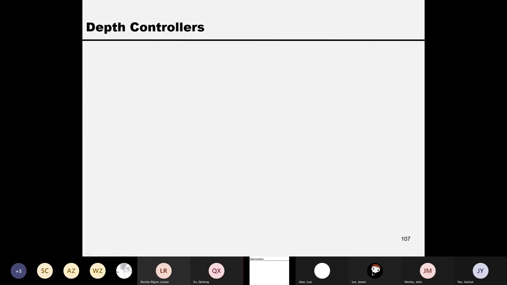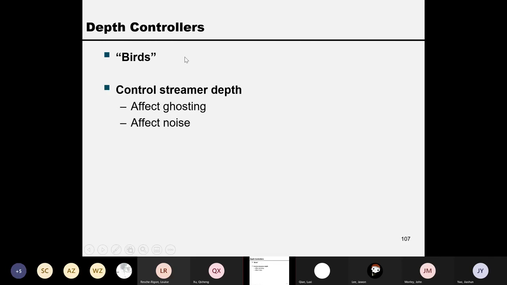Apart from these two, source and receiver, another important thing is, because we need to put the receiver below the water, cannot only put it on the surface, right? Because we cannot record pressure. We need something to control the depth. Typically, for the streamer being very long, you do need to effectively control the depth at a constant level. So there's this thing called the birds to control the streamer depth.